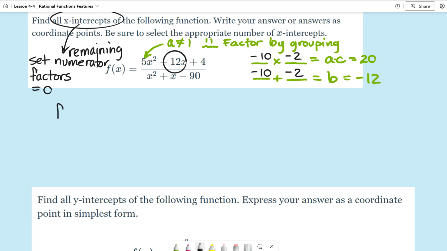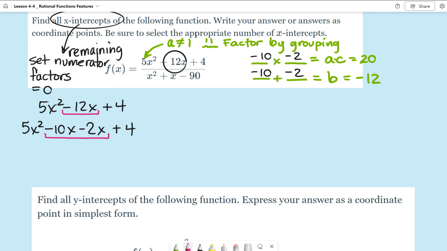Let's write the trinomial. 5x squared minus 12x plus 4 is going to be rewritten as 5x squared minus 10x minus 2x plus 4. So please notice that this middle term was rewritten as this. Okay? So it went from 3 terms to 4 terms.